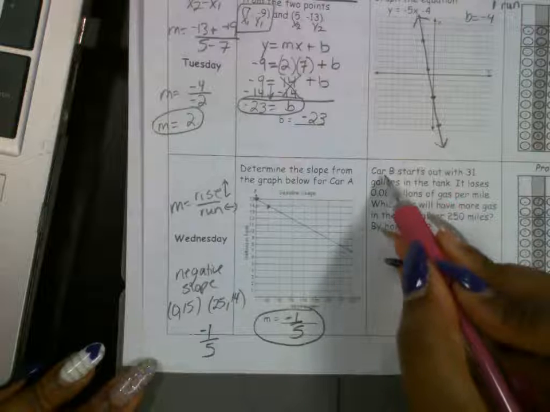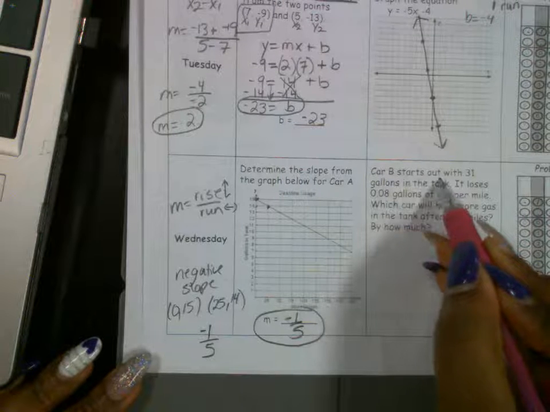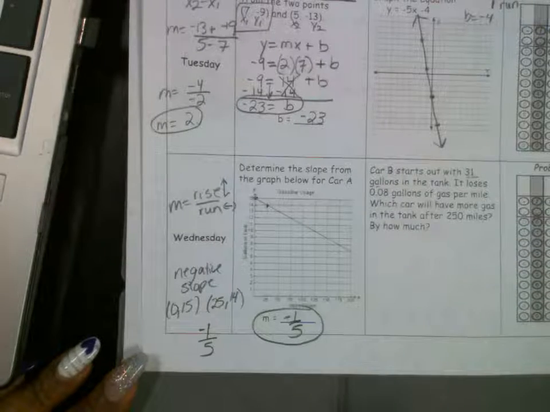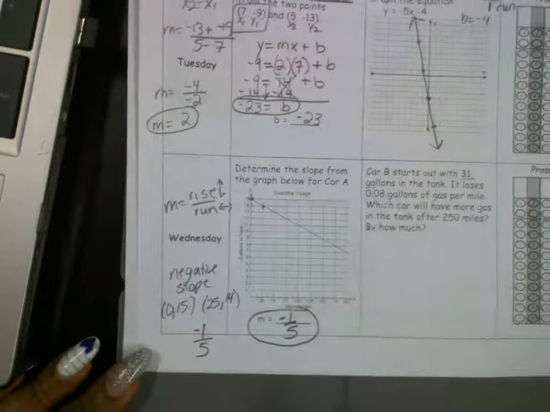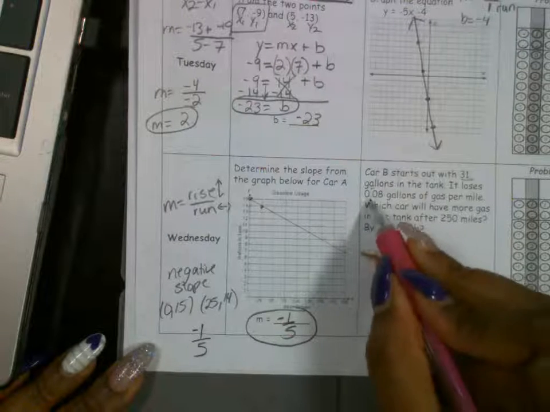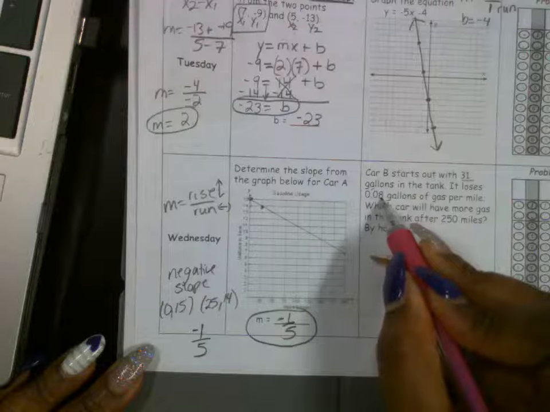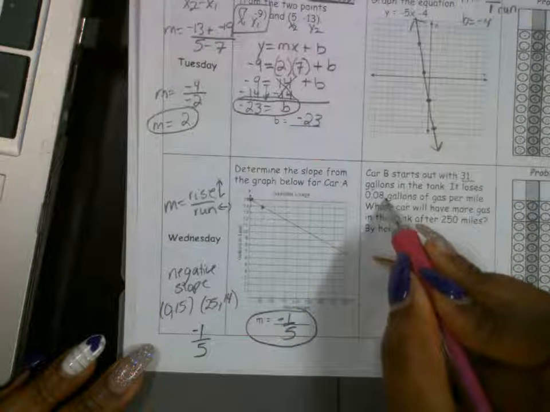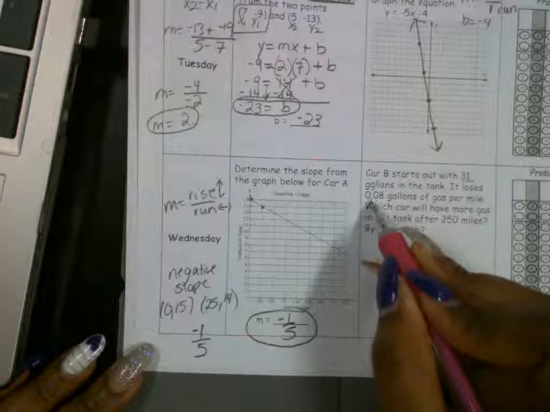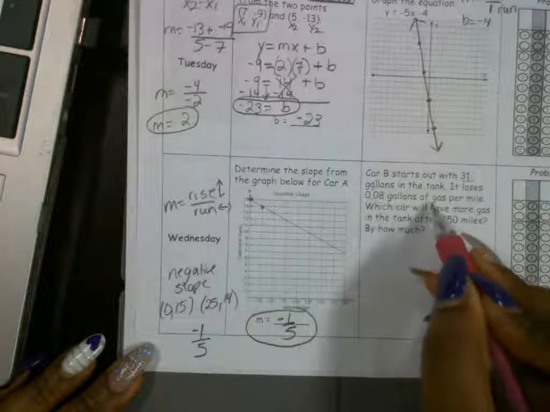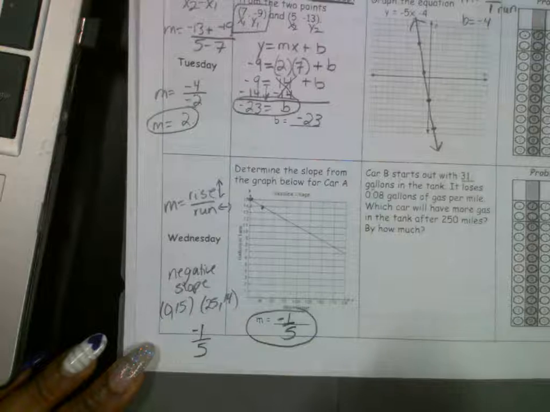The second problem, car B starts out with 31 gallons in the tank. So that's how much it starts off with. It loses 0.8, which is in the hundredths place. So it's losing 8 hundredths of a gallon of gas per mile.